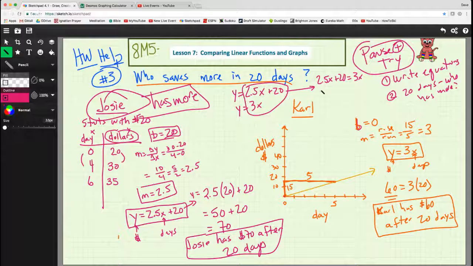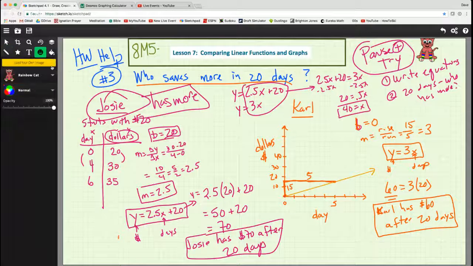Subtract 2.5x from both sides. And you get 20 equals 0.5x. You divide by 0.5 and you get 40 equals x. So the answer would be 40 days. After 40 days, they'd have the same amount.